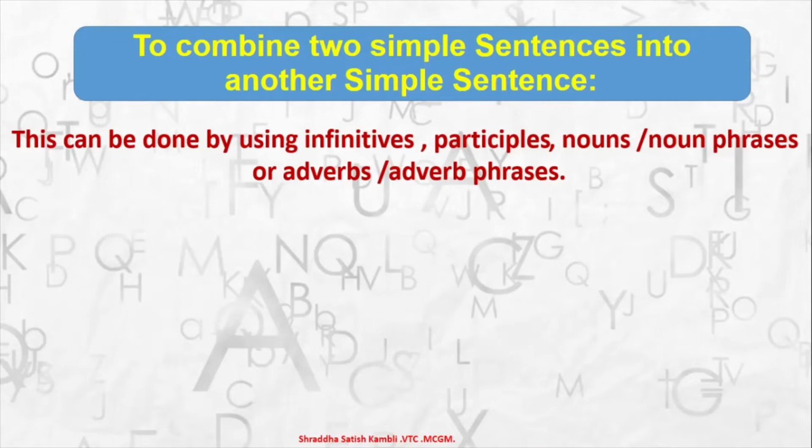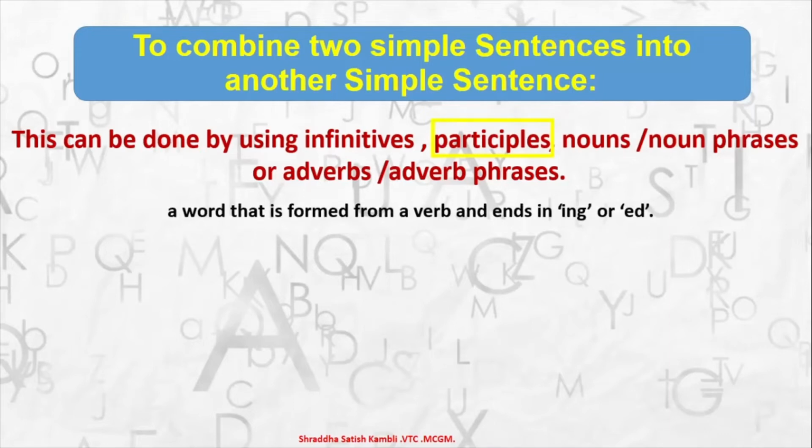Now, coming to participle. What do you understand by participle? Participles means a word that is formed from a verb and it ends with ing or ed. For example, when you say ing, it is the present participle: reading, walking. When you say ed, it is the past participle: walked.